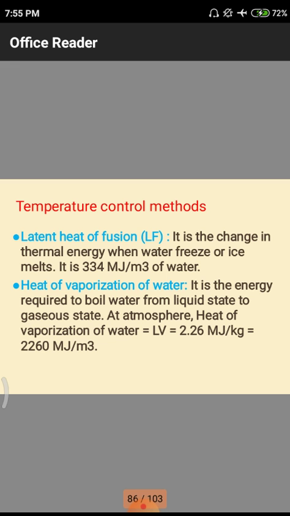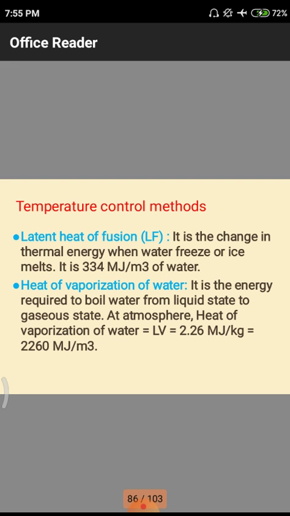Next one is the heat of vaporization of water. It is the energy required to boil water from liquid state to gaseous state. Normally liquid state to gaseous state means we are vaporizing the liquid. At atmospheric pressure, the heat of vaporization of water is normally equal to 2.26 megajoules per kilogram, that is equal to 2260 megajoules per meter cube.